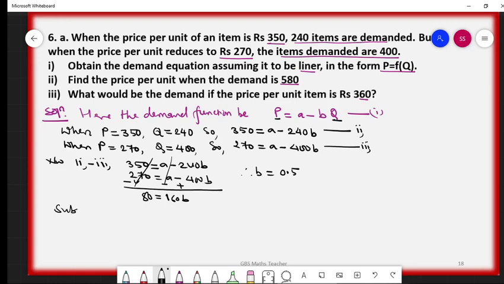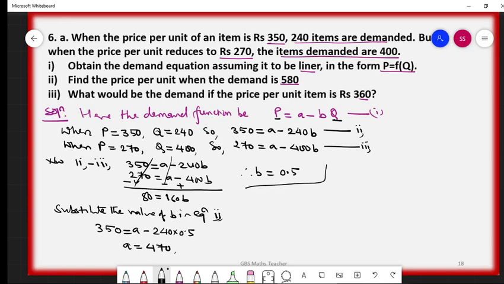Substitute the value of B in the second equation: 350 equal A minus 240 times 0.5, it is 120, and adding this we obtain A equal to 470.